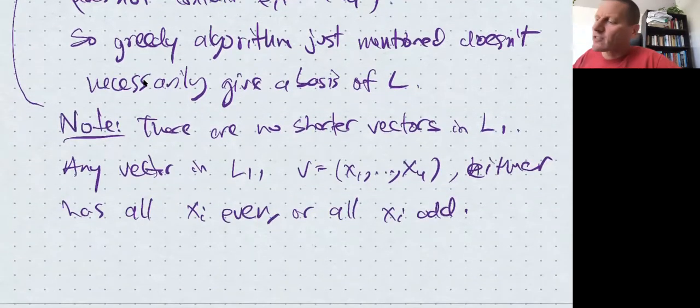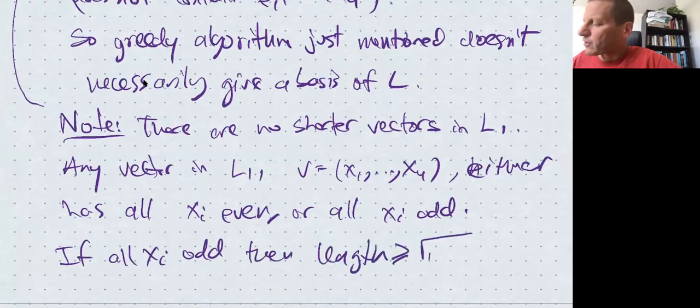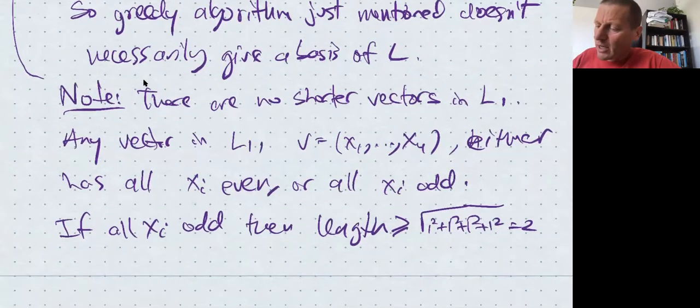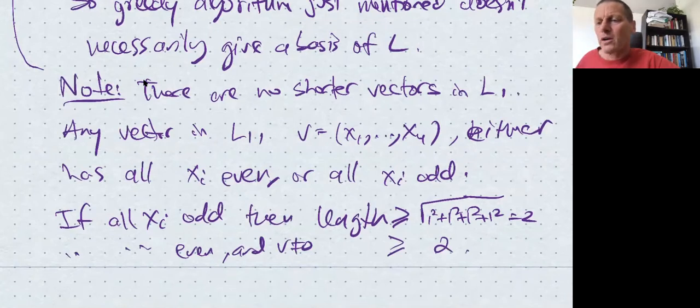If it has all xi's odd, then its length is greater than or equal to the square root of 4. An odd integer is at least 1 in absolute value. So you have 4 entries, each of them has size at least 1 in absolute value, and so the length is at least 2. And if all the xi's are even and v is not 0, then the length is again at least 2 because one of the entries is at least 2 in absolute value. Okay? So these are the shortest vectors. Thank you for the comment.